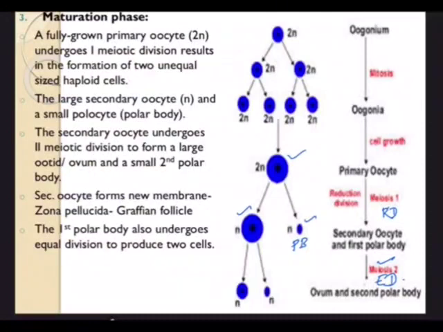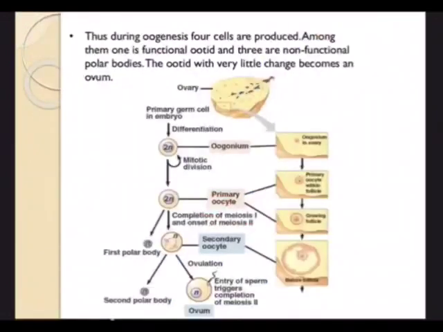The secondary oocyte forms a new membrane, the zona pellucida, and that becomes the Graafian follicle. The first polar body also undergoes equal division to produce 2 cells. This also undergoes division, so polar body, polar body. With this, the functional ovum will be formed.